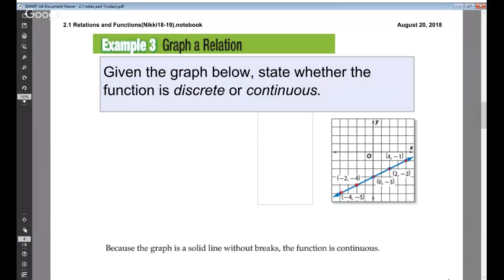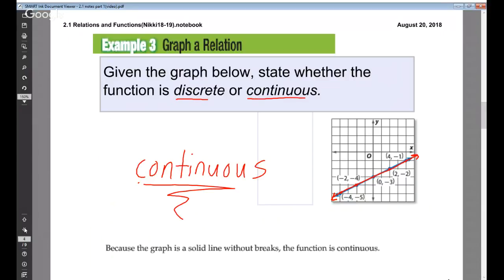But don't be fooled. It's only 5 points, but also remember, those are 5 points along with the infinite number of points also on that same line, thus making this graph continuous. So, discrete versus continuous, pretty straightforward. Discrete is just going to be points, continuous should be a line.